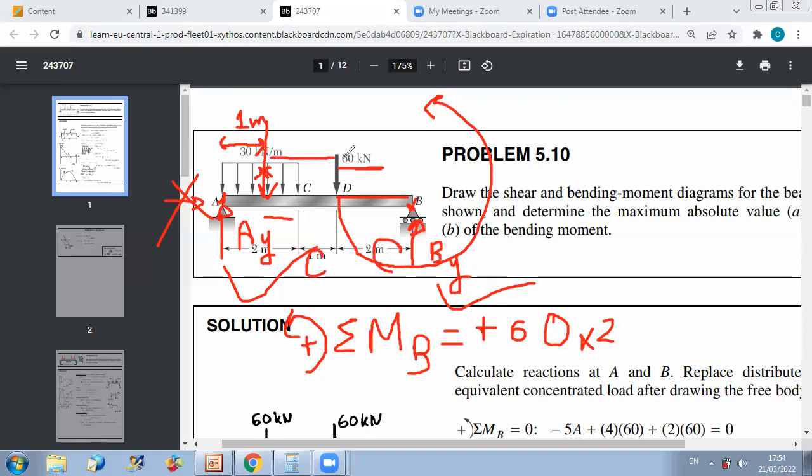So this distance is 4 meters. And you know that for a distributed load, the resultant force is equal to the area limited by the distributed load and the beam. So you have 30 times 2, which is 60. So your resultant force here is 60 kilonewton, and it's acting at 4 meters from B. And as you can see, if you apply the right-hand rule, it's a counterclockwise moment, so it's plus 4 times 60.